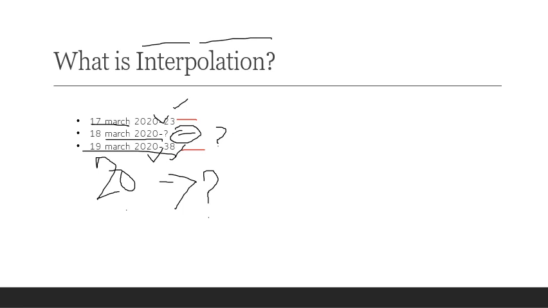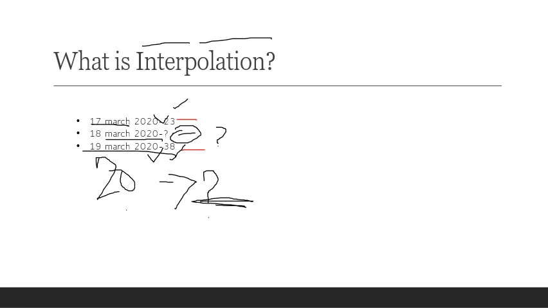Anything that is outside is denoted as extra. So if I calculate the data for this, it is going to become what? Extrapolation. Any values you're finding in between are known as interpolation. I hope I'm clear with this.